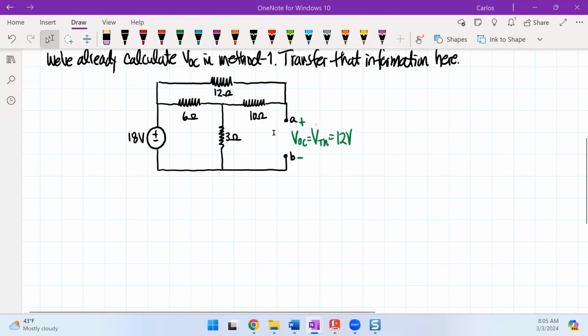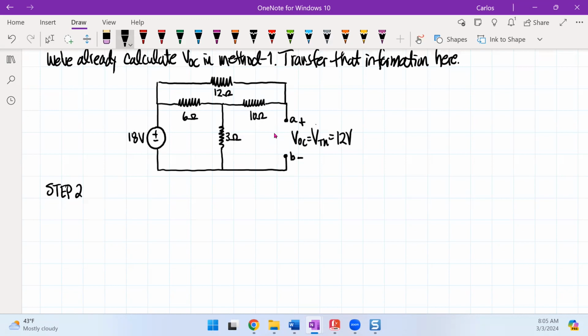So now we go on to step 2. Here, we need to determine I short circuit, which is the Norton current.